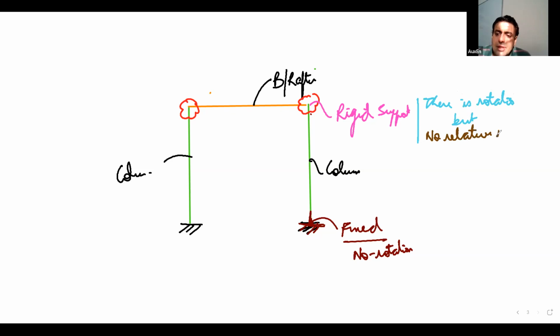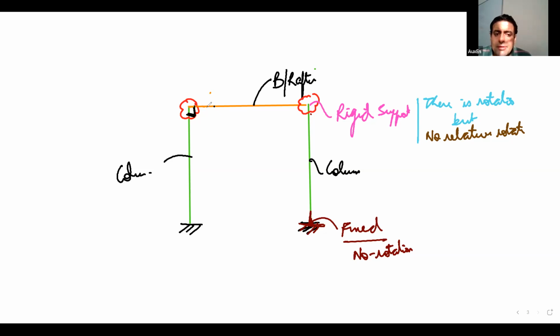No relative rotation means that the angle between your members, what Mr. Vijay is saying, before and after the load application remains the same. For example, the angle was 90° between my beam and my column. After load application also, the angle would remain the same.